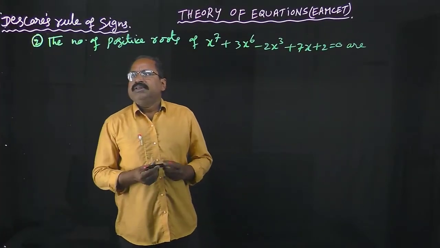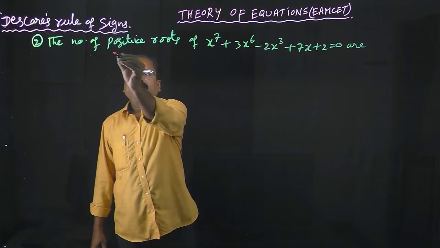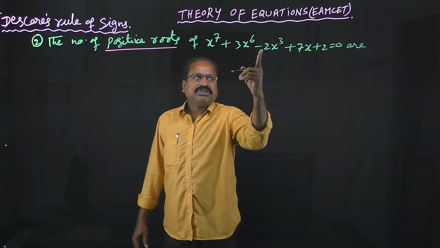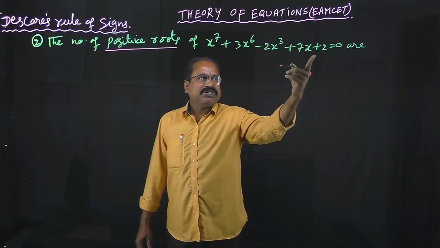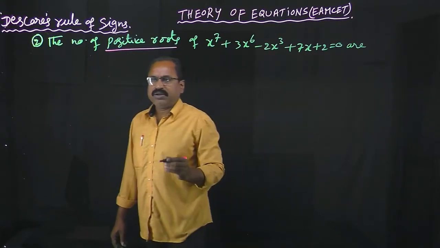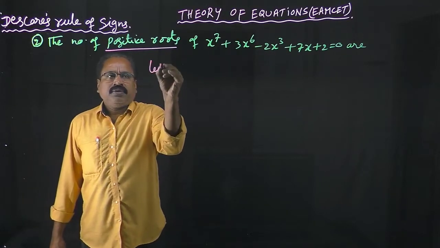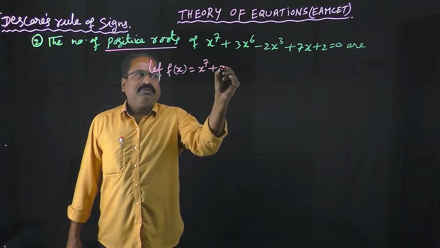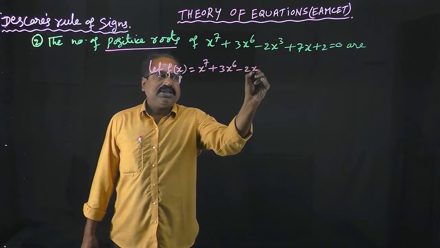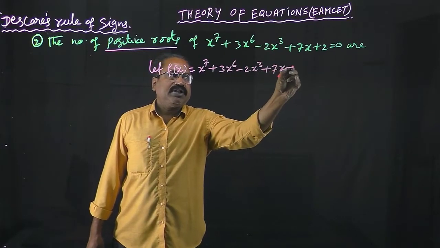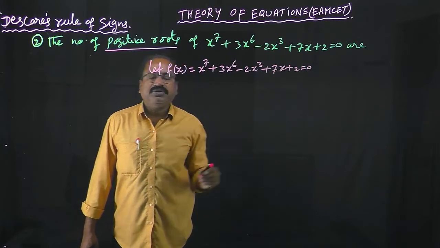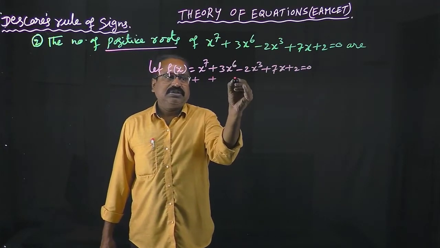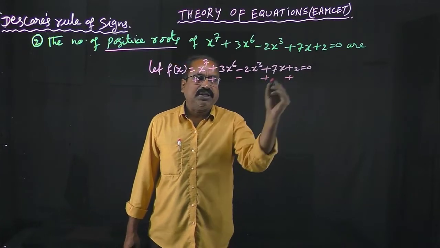Second one is, the number of positive roots of x^7 + 3x^6 - 2x^3 + 7x + 2 = 0. Let f(x) = x^7 + 3x^6 - 2x^3 + 7x + 2 = 0. This is plus, this is plus, this is minus, this is plus, this is plus.